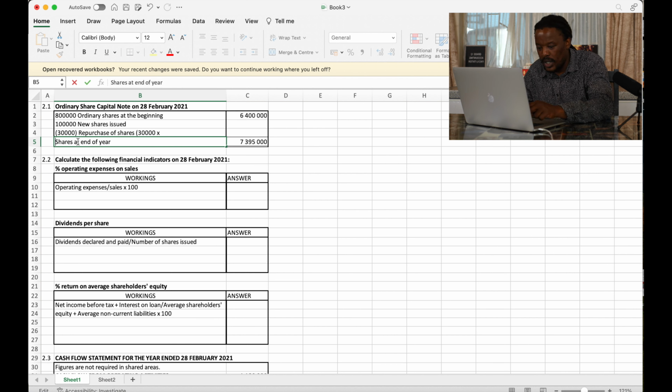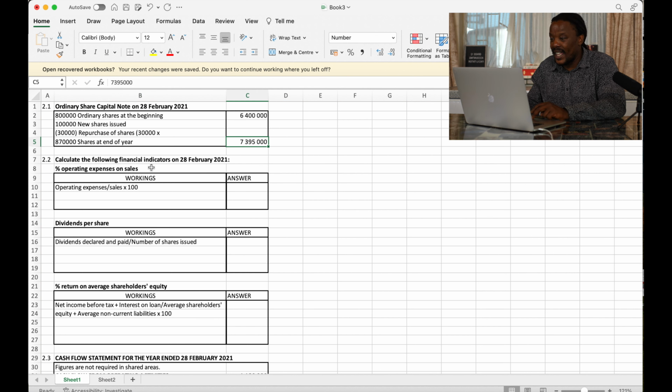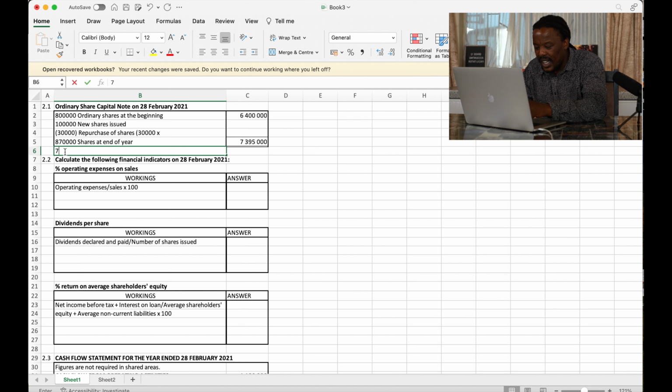So that is the total here, 870,000, and that 870,000 is the balance at the year end. So you say, okay, 7,395 million divided by the number of issued shares, 870,000.